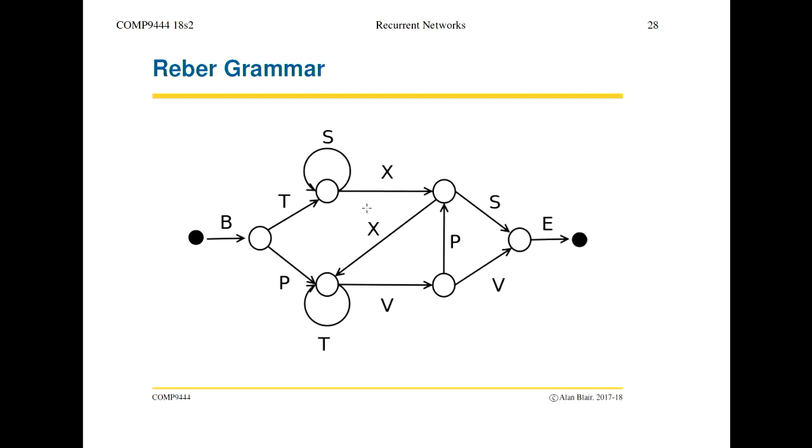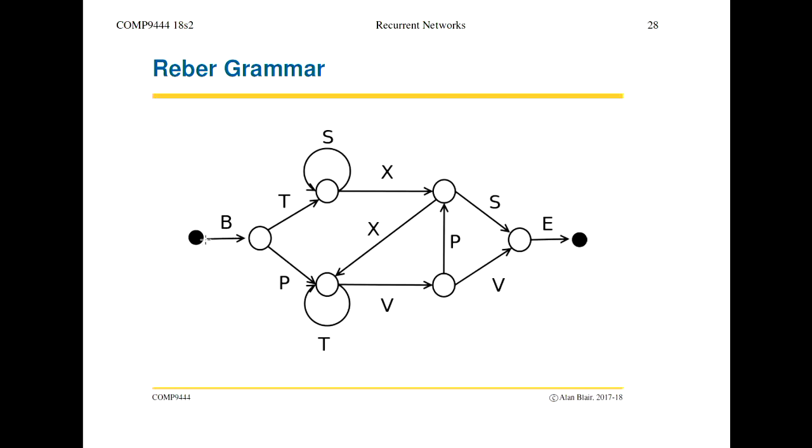So the output is intended to match the probability of the next letter that occurs. Right? And here's another example. This would be 50% S and 50% X.